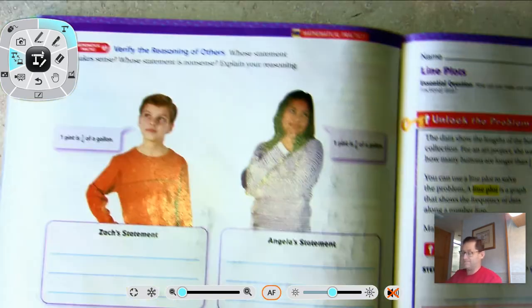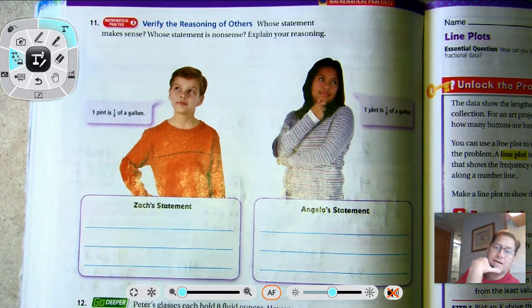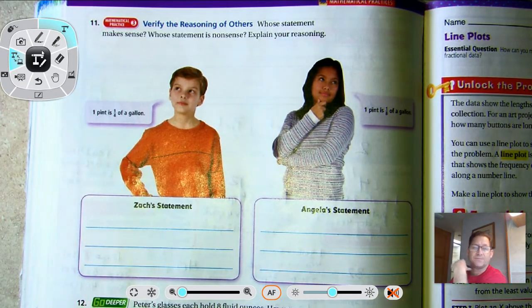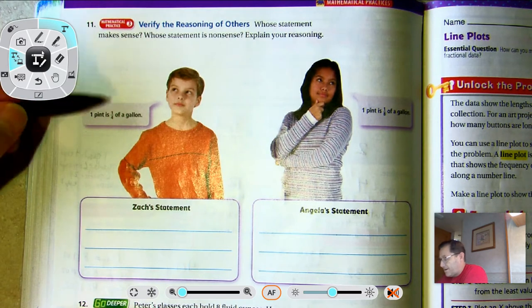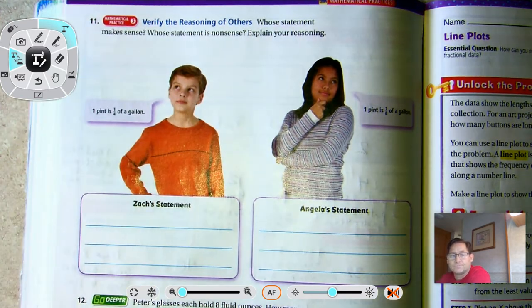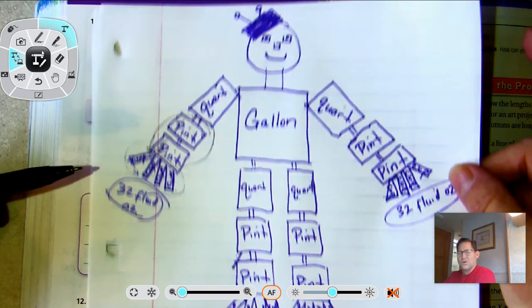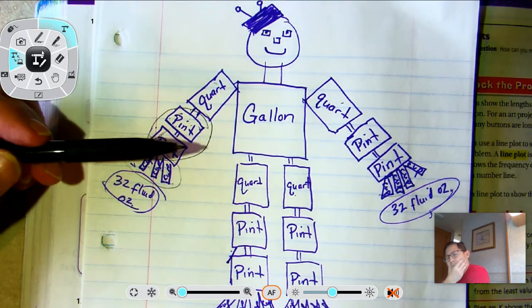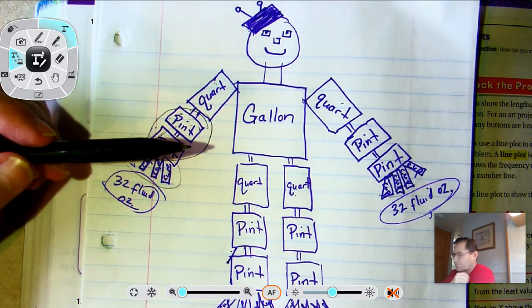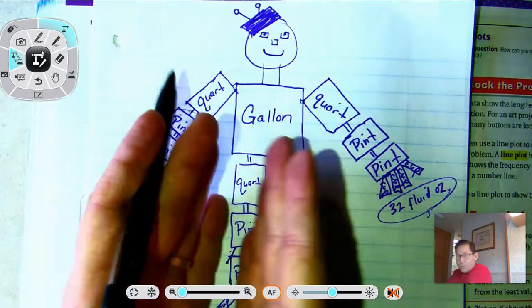All right, number 11. Whose statement makes sense? Whose statement is nonsense? Explain your reasoning. Our friend here, Zach, he's saying 1 pint is 1/4 of a gallon. Each limb of the gallon man is a 1/4, right?